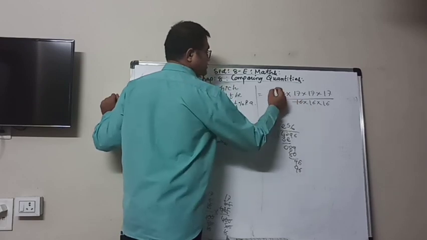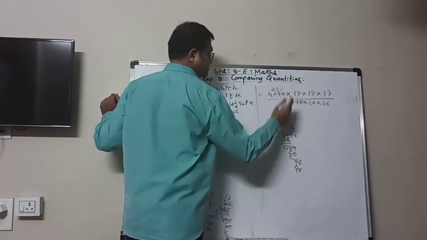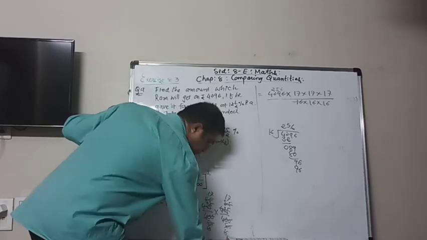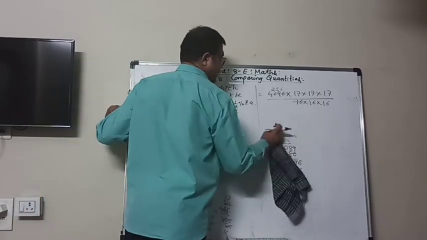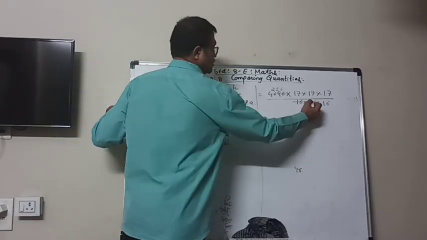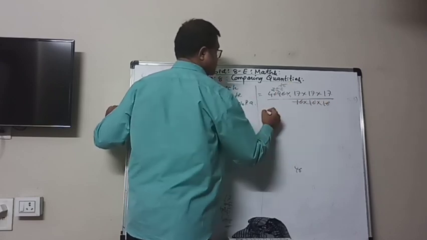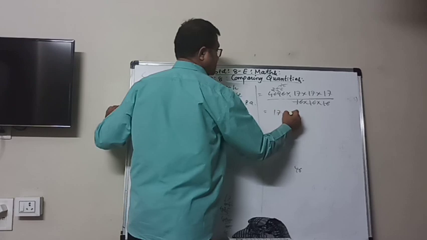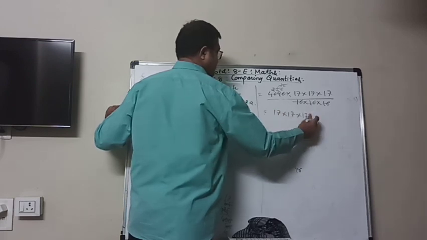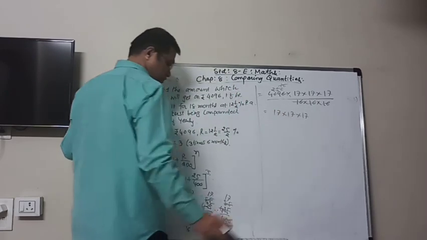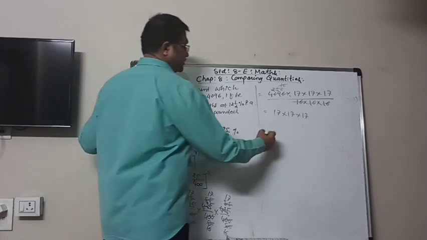So we can cancel it by 256. Now if you remember, the square of 16 is 256. So 16 16s are 256 and 16 ones are 16.